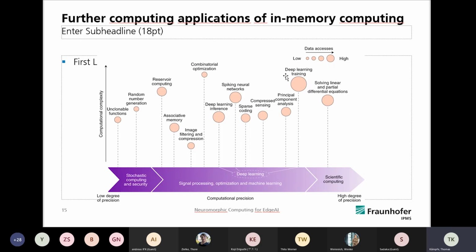In-memory computing can be applied both to reduce the computational complexity of a problem, as well as to reduce the amount of data to be processed by performing computations inside the memory array. Problems that could benefit very strongly from the complexity reduction by in-memory computing are also so-called NP-hard problems, which involve combinatorial optimization.